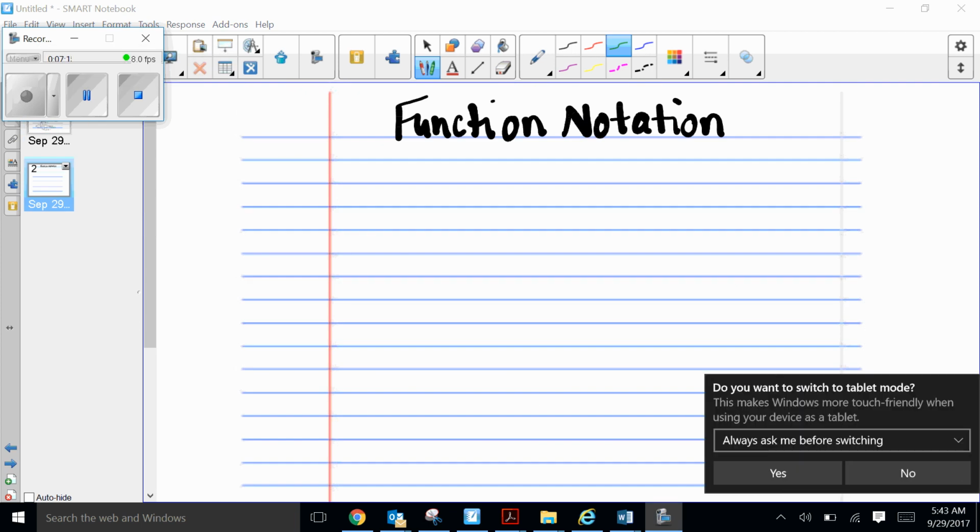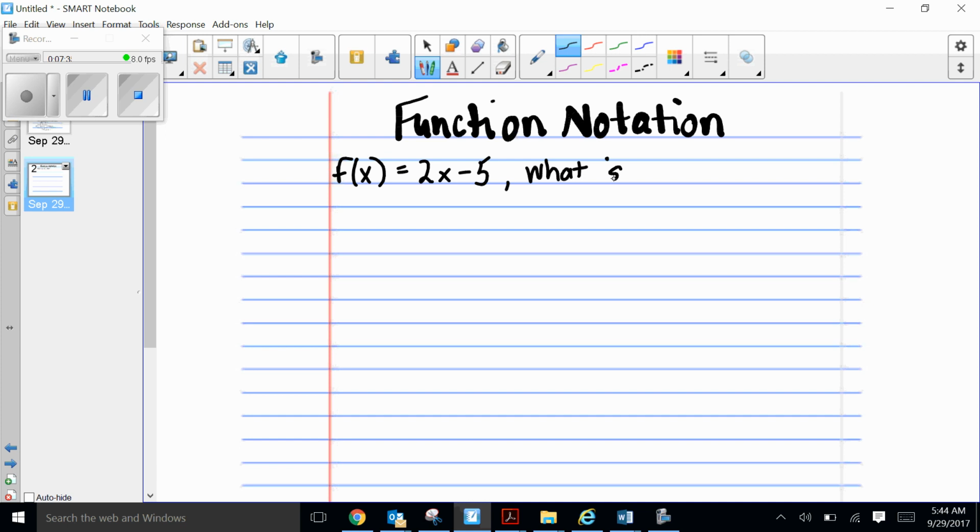Okay, so looking at a couple of the other examples, say I have f of x equals 2x minus 5. And I want to know what is f of 3. Okay, so what's inside the parentheses is telling you what I'm going to plug into my rule.